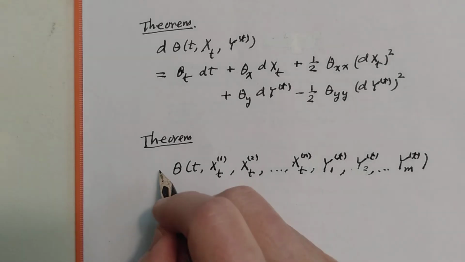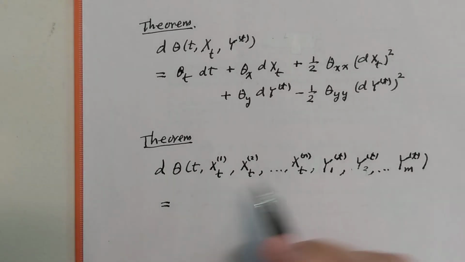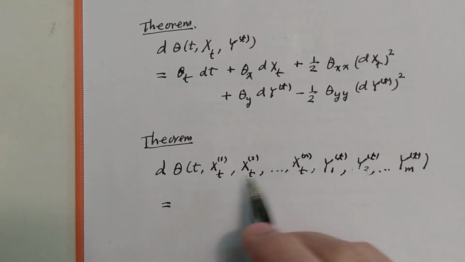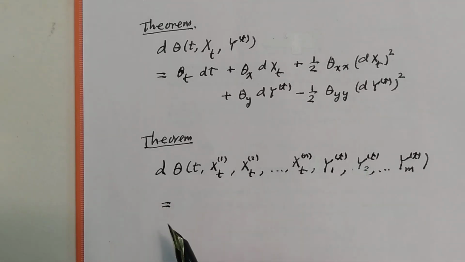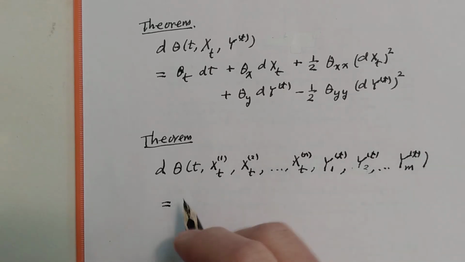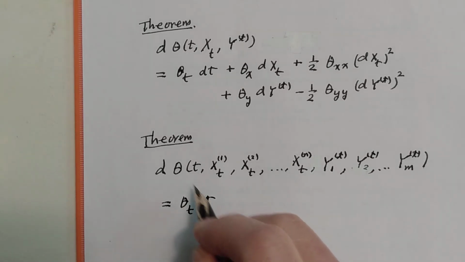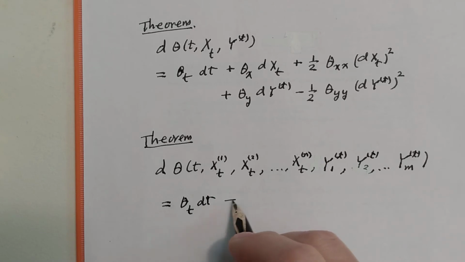What is the stochastic differential of the composition of theta with those stochastic processes and also t? Well, it's easy to write it down. It's theta sub t dt. First, for the variable t, we have this term.